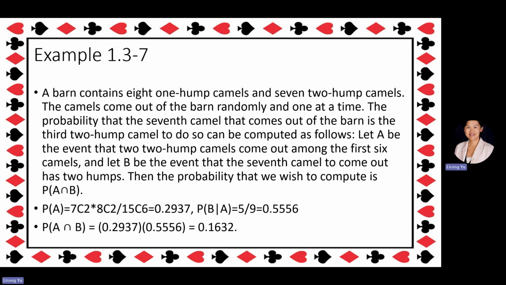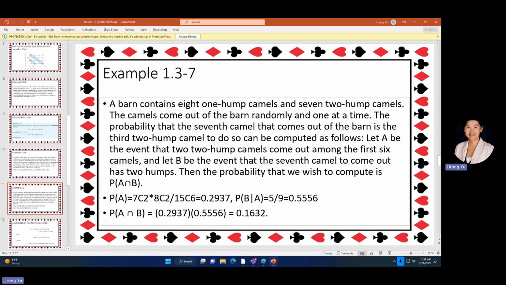In the numerator, in that 6 camels that come out first, 2 of them are two-hump, and the other 4 must be one-hump, right? So yes, it needs a little editing here. In that 6 camels, with 7 two-hump camels in total, we're going to choose 2 because in those 6 camels, we need 2 to be two-hump.